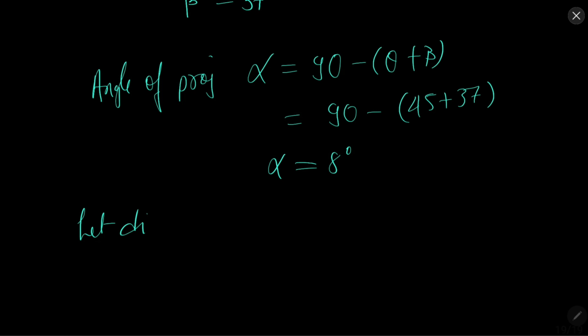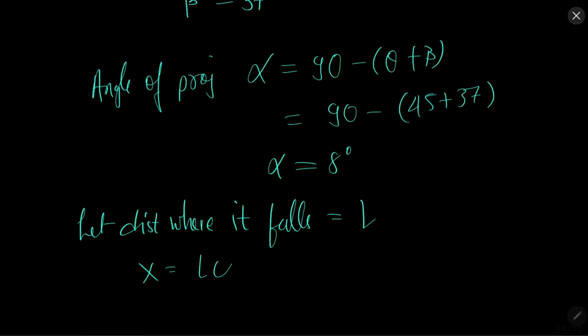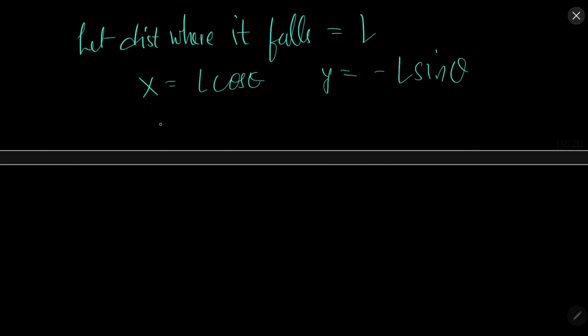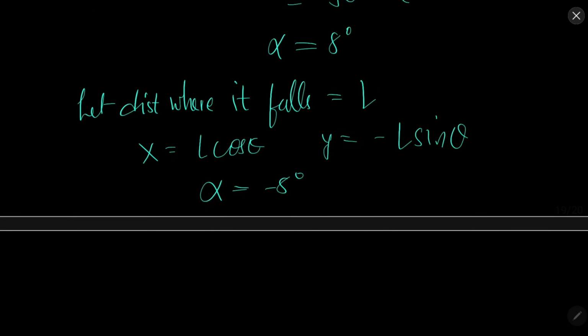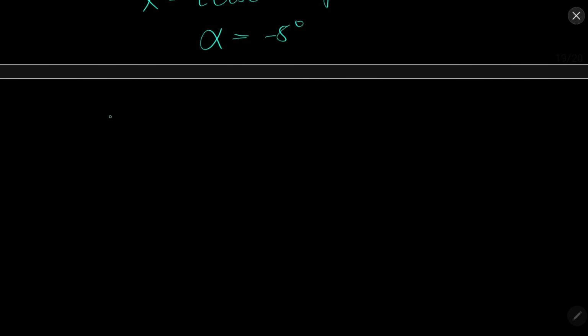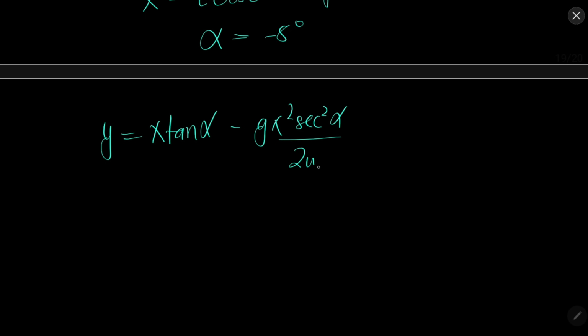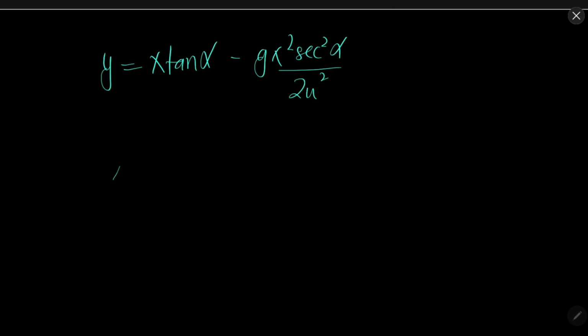And let the distance where it falls be L. So x will be L cos theta, y will be minus L sin theta, alpha is minus 8 degrees because it is from the downward side. So using the formula that we have, when you put all the values, you will find that L will come out to be 18.5 meters.